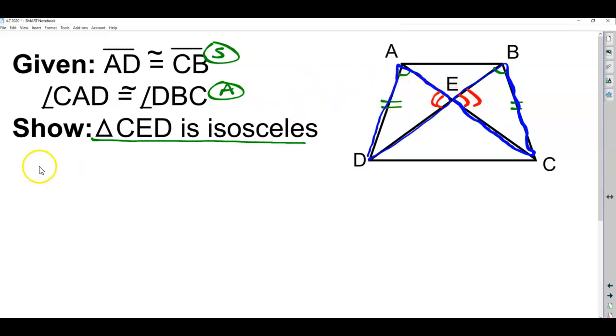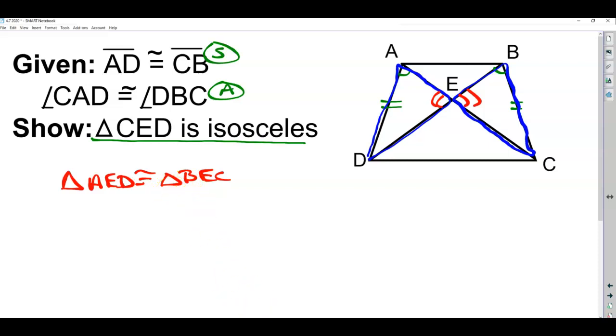So now I can actually show that triangle AED is congruent to triangle, and then just match the same, BEC. And again, I could have renamed this. I could call it DAE or DEA. I would just have to follow the same with the other triangle.